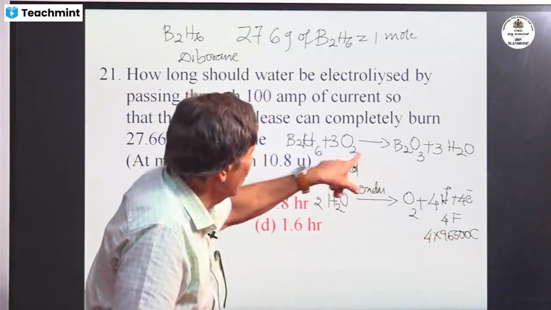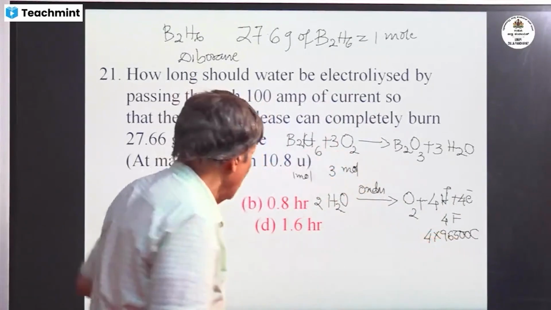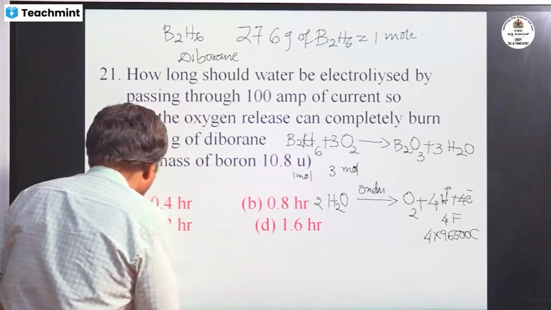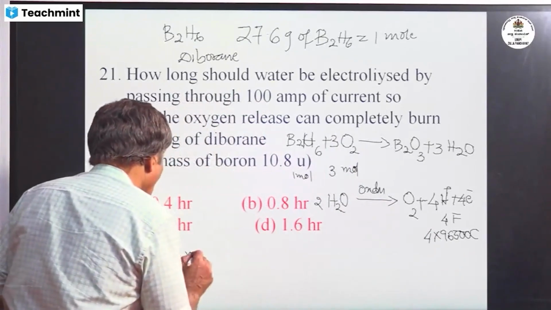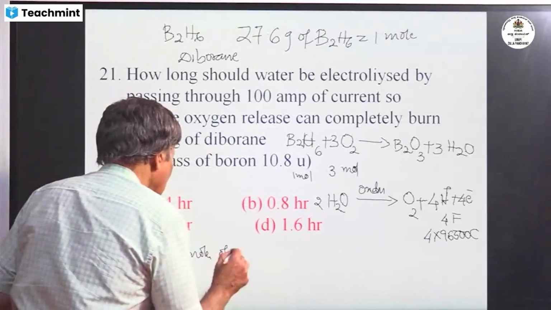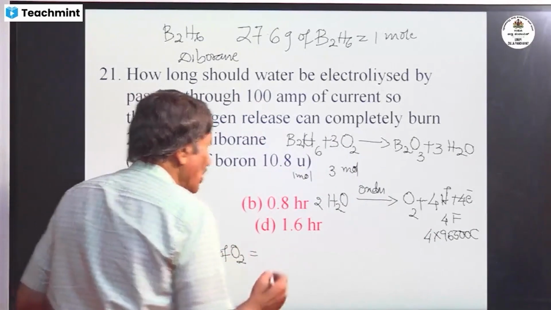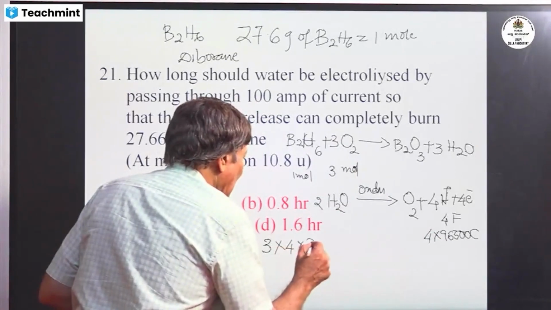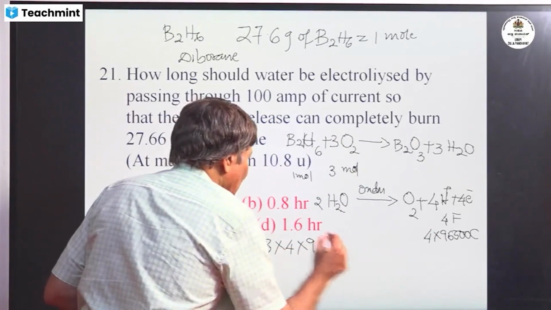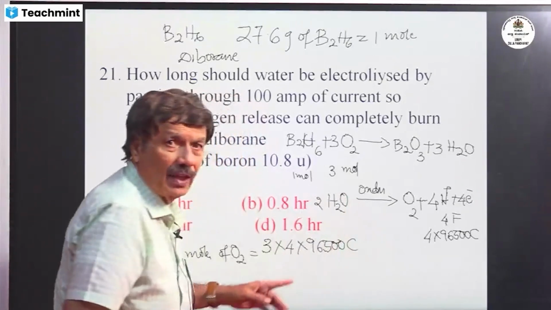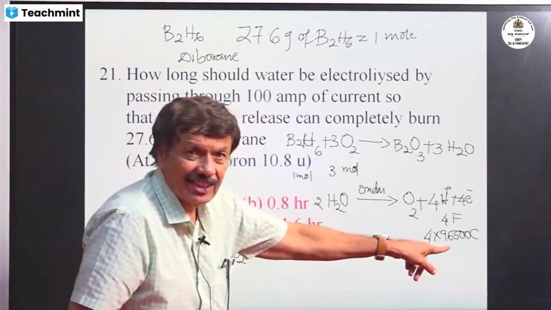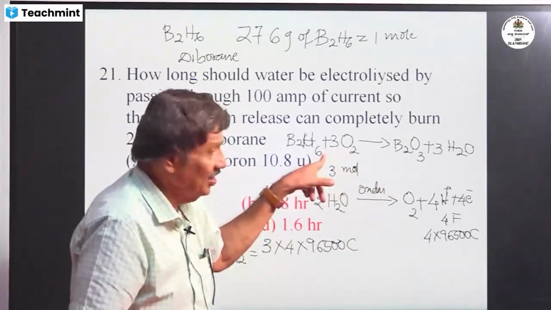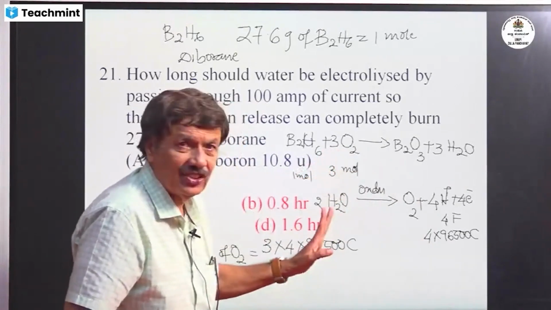But here how many moles do we want? 3 moles of oxygen. How much do you need? 3 into 4 into 96,500 coulombs. For 1 mole, 4 into 96,500, but here we want 3 moles. So many Faradays you require.